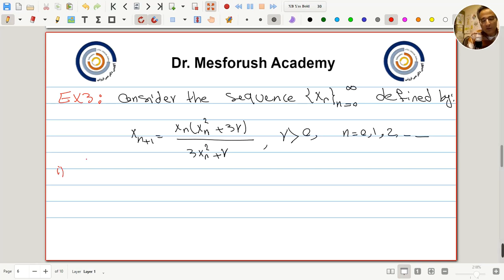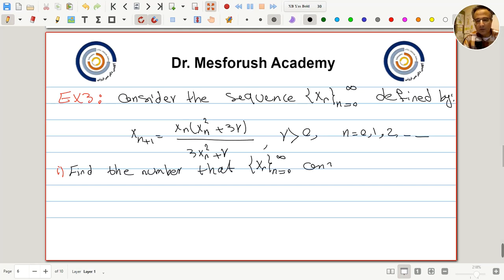So the first part: find the number that x_n, for n equal to 0 to infinity, converges to. This is the first part. Let me solve the first part first and then the other one.